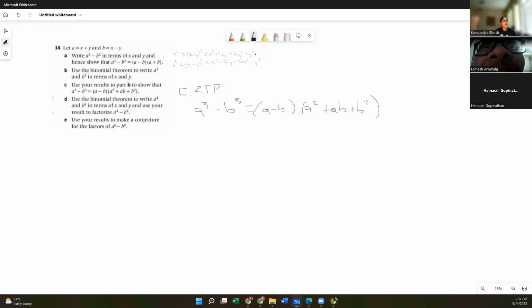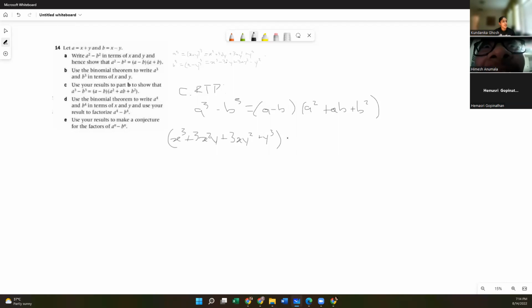We already solved for a cubed and we already solved for b cubed. So all we're going to do is substitute in whatever we solved for. So we have x cubed plus 3x squared y plus 3xy squared plus y cubed, which is a cubed, as we showed here.